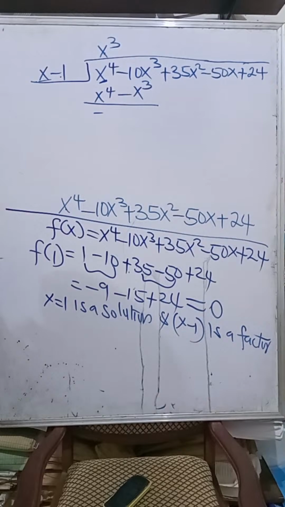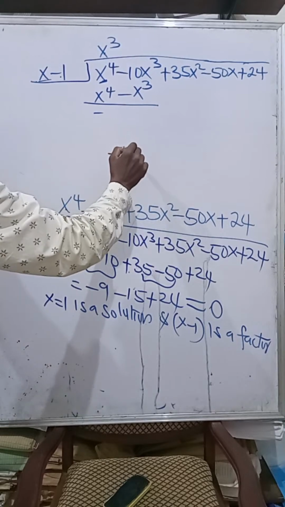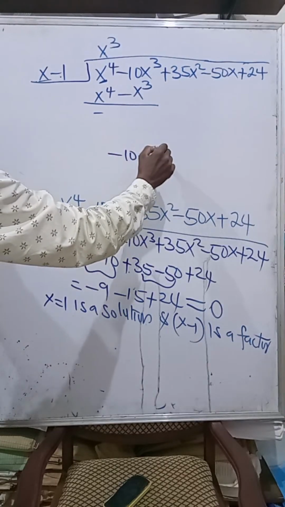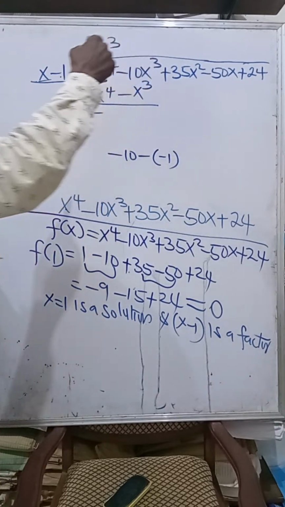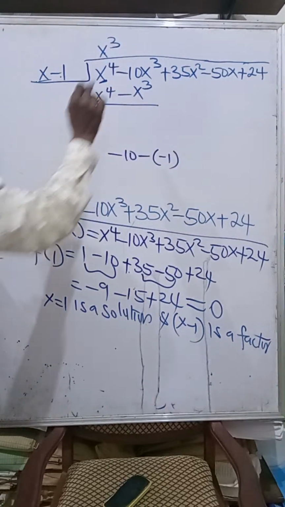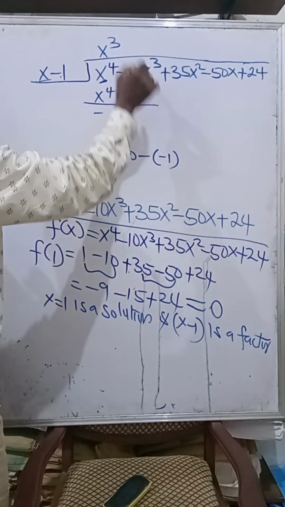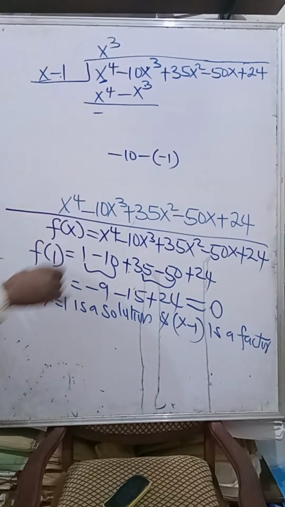x to the power 4 minus x to the power 4 cancel. Minus 10 minus 1. Before you can add or subtract any polynomial terms, they must have the same power, the variable with the same power.